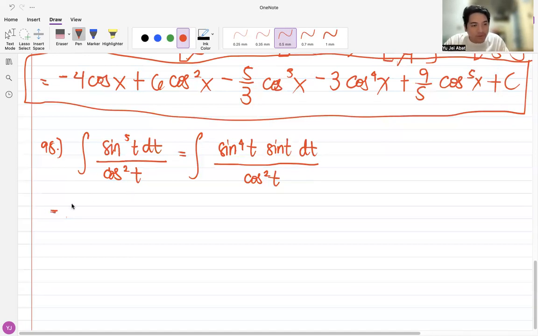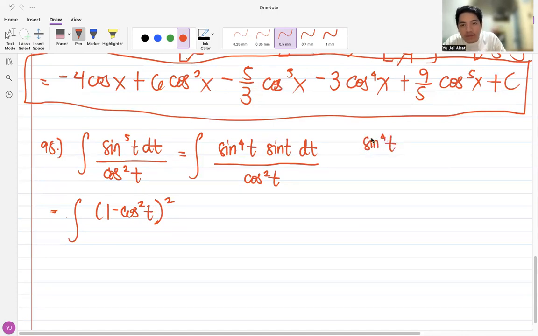So if I'm going to convert sine raised to 4t, that must be 1 minus cosine squared t, squared, because sine to the 4th of t equals sine squared of t squared, of which sine squared of t is 1 minus cosine squared of t. Since it is squared, I also included the square here.